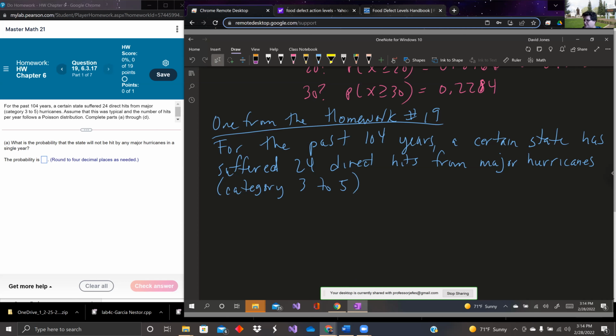Assume that this was typical, and the number of hits follows a Poisson distribution.